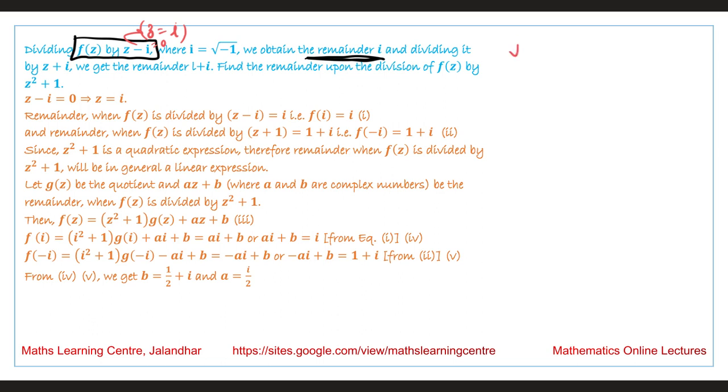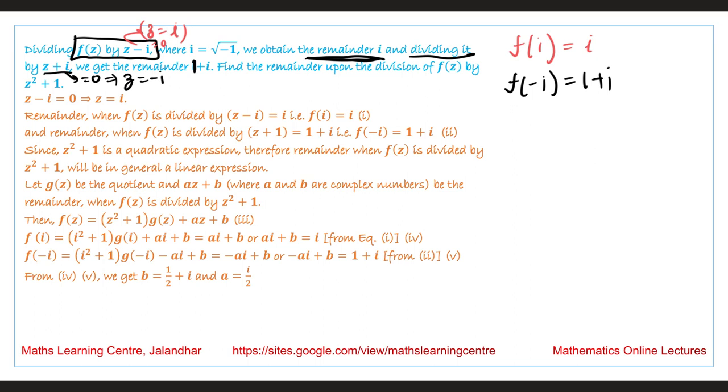So it means f of iota is iota. Second thing we have is dividing it by z plus iota, we are equating it to 0. It means z is equal to minus iota. So we have f of minus iota is equal to 1 plus iota.